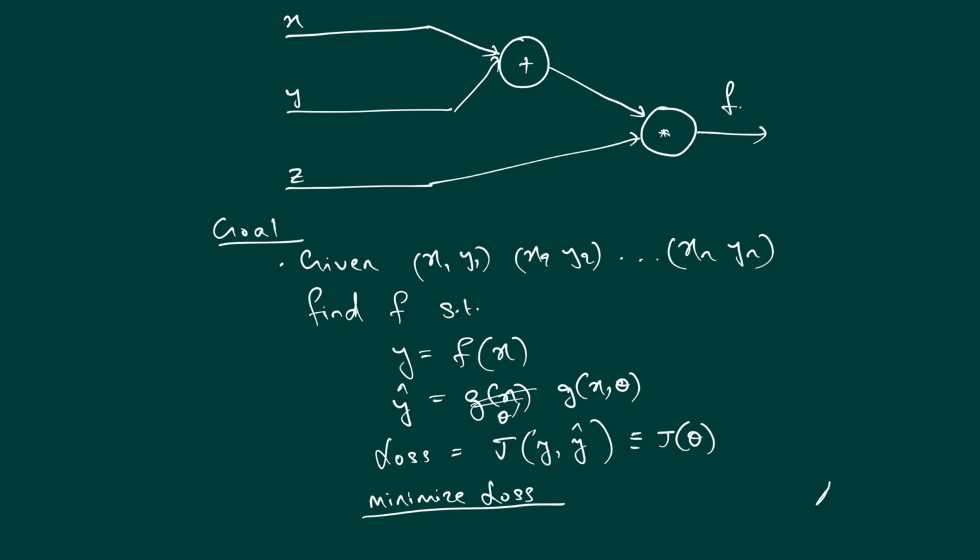The whole thing we are trying to do is come up with a loss, which is a function of the y which is given and y hat. If you look at what is under our control to minimize the loss, we will see that J is a function of theta. The whole idea is that we want to minimize the loss, and J is a function of theta.